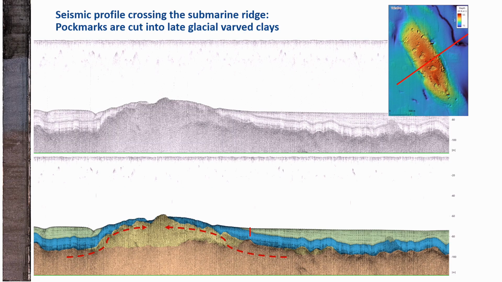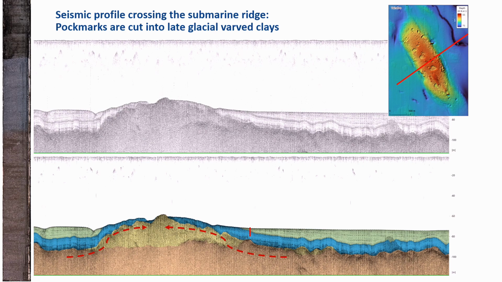So why do we have these pockmarks and concretions forming on the seafloor? If I look a little bit deeper at what is below the seafloor, this is the seismic profiling done by the Estonian Geological Survey across the submarine ridge, a little bit west of the island of Vaindloo.